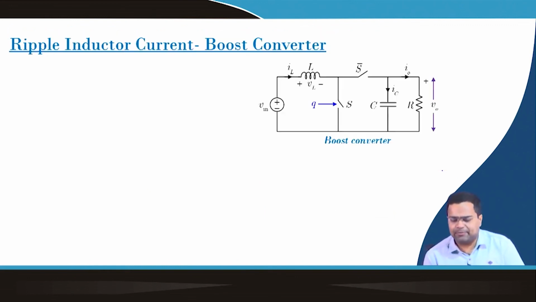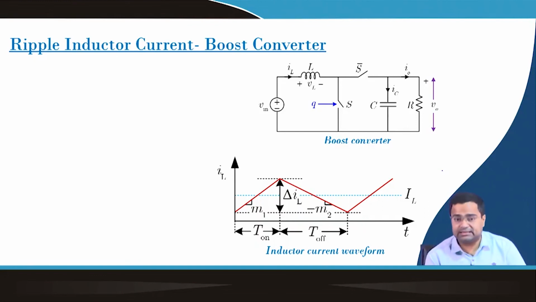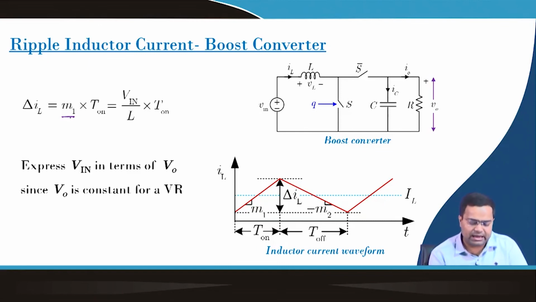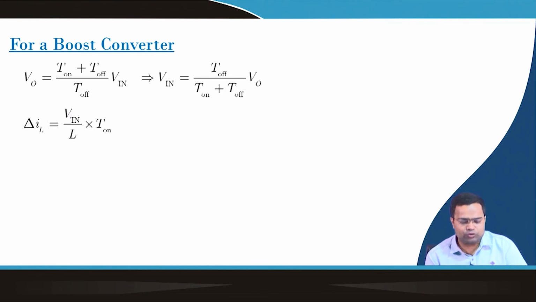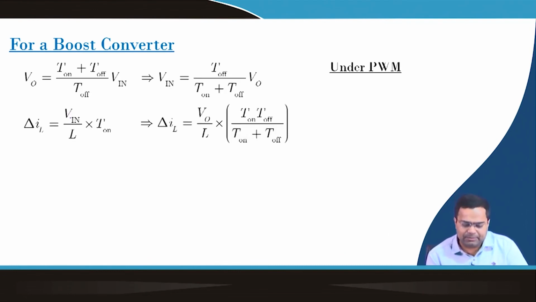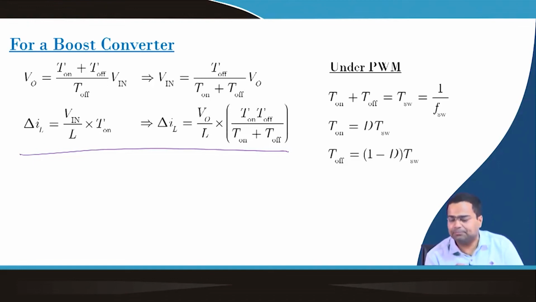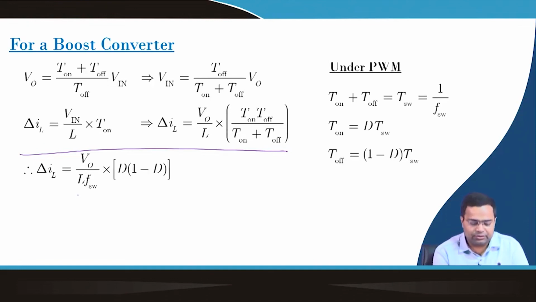Ripple inductor current of a boost converter can be derived in a similar way as for a buck converter, by finding the rising slope and expressing it in terms of input and output voltage. So, for a boost converter, under pulse width modulation, the process is same as earlier, only you have to find out the ripple current in terms of the output voltage, inductance and the duty ratio.